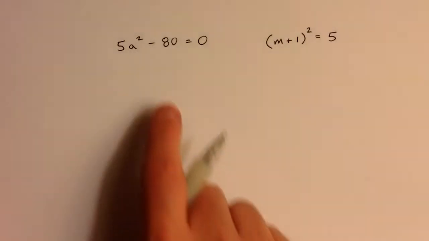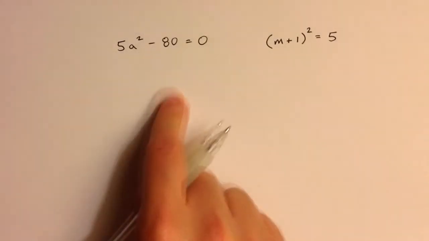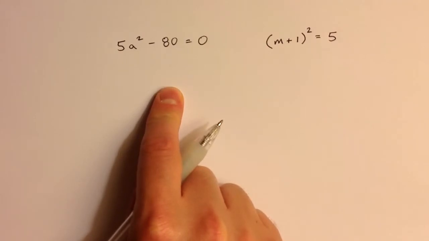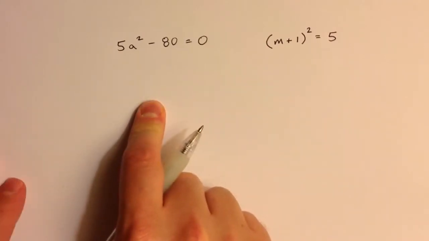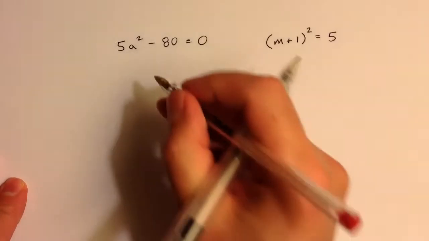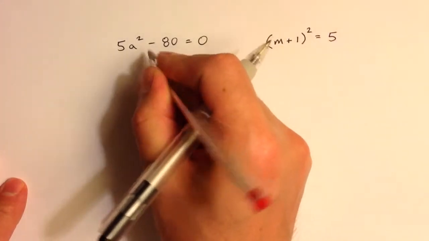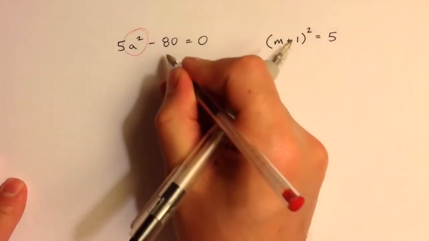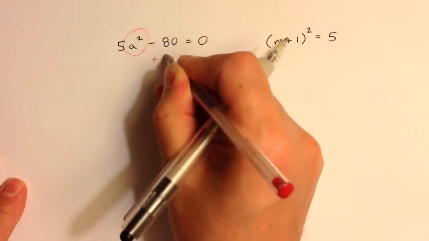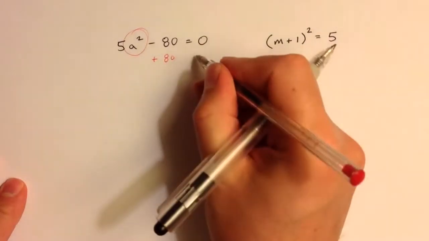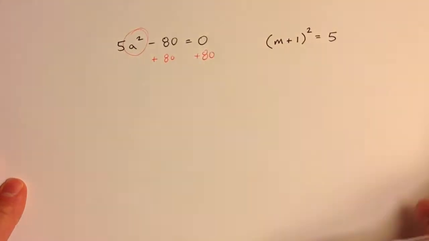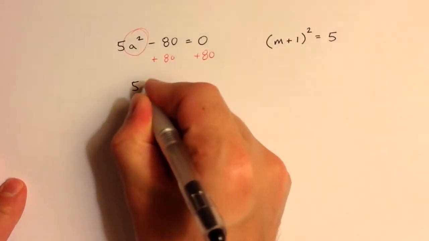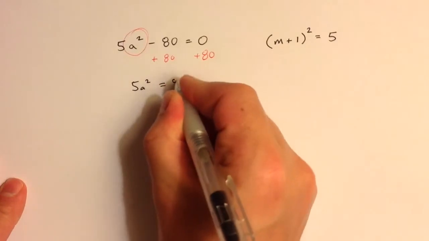The square root property can be used along with other equation solving techniques to solve more complicated equations. In this first example, I want to isolate the a squared part of the expression to solve for a. So first I can add 80 to both sides. That gives me 5a squared equals 80.